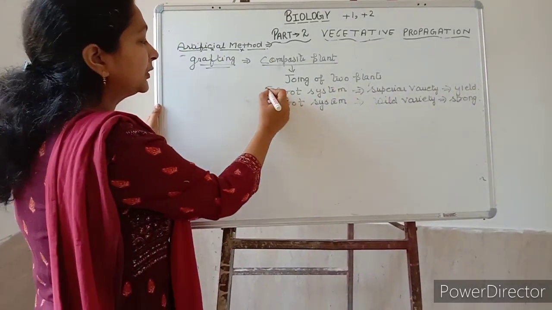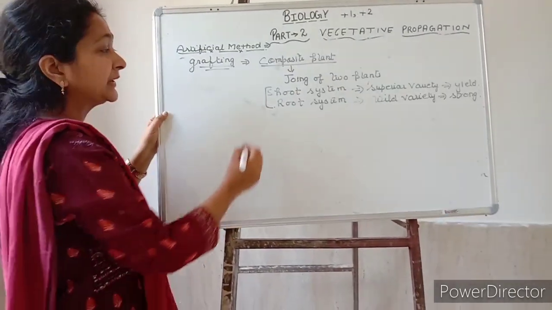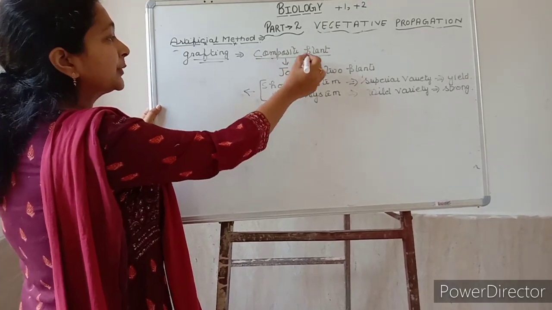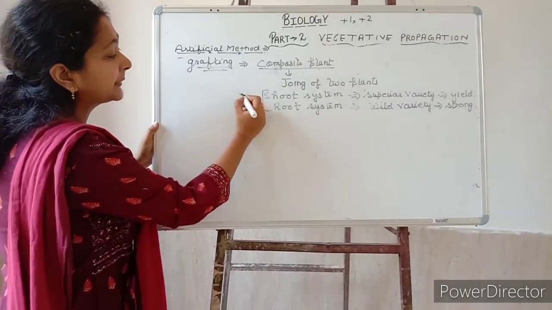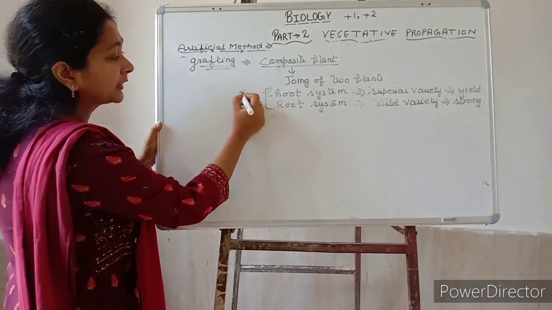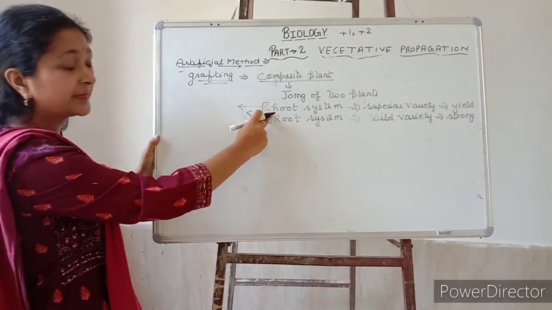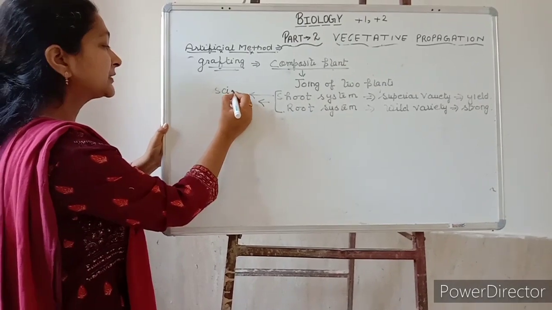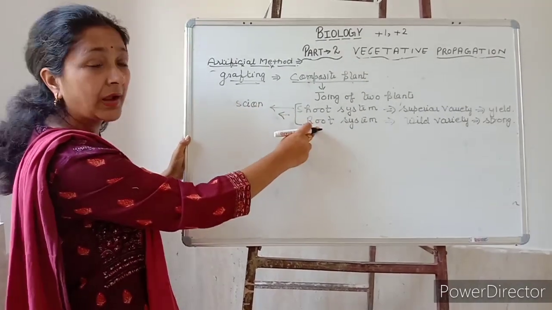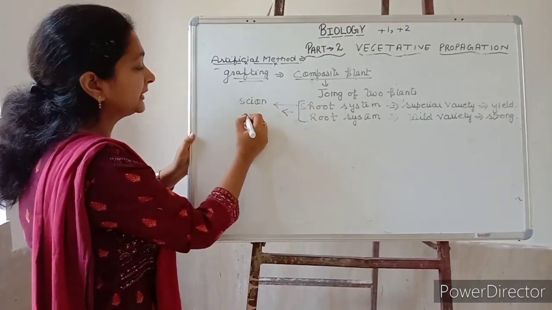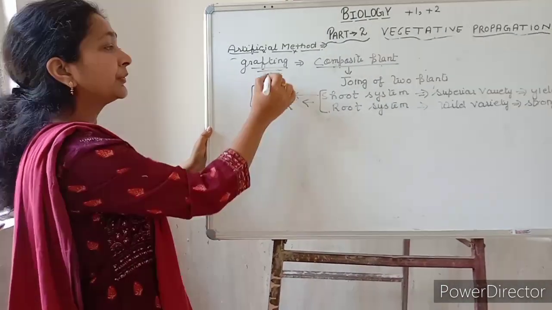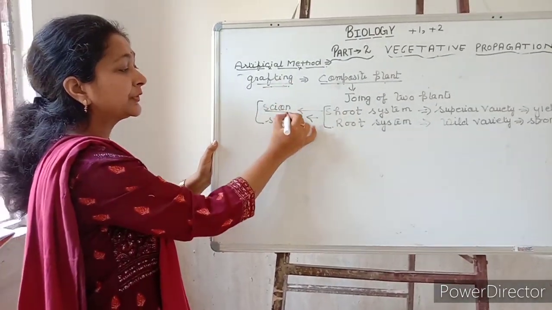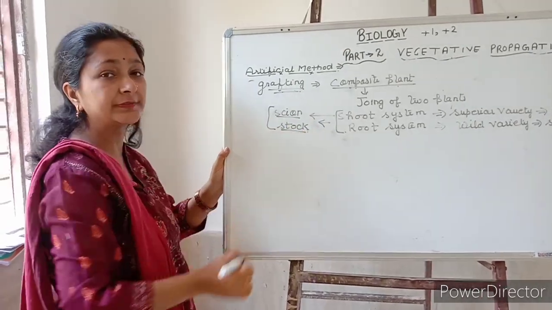Now these two systems are joined and they will form a composite plant, and the phenomenon is known as grafting. The plant whose shoot system is taken is known as scion, and the plant whose root system is taken is known as stock. So we can do grafting with the help of a scion and a stock.